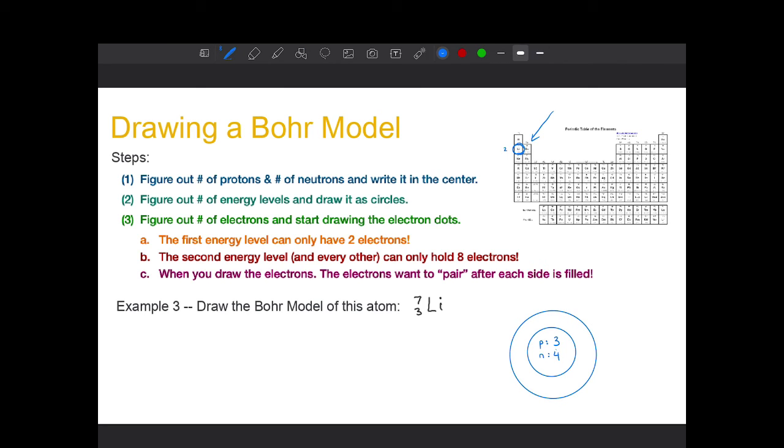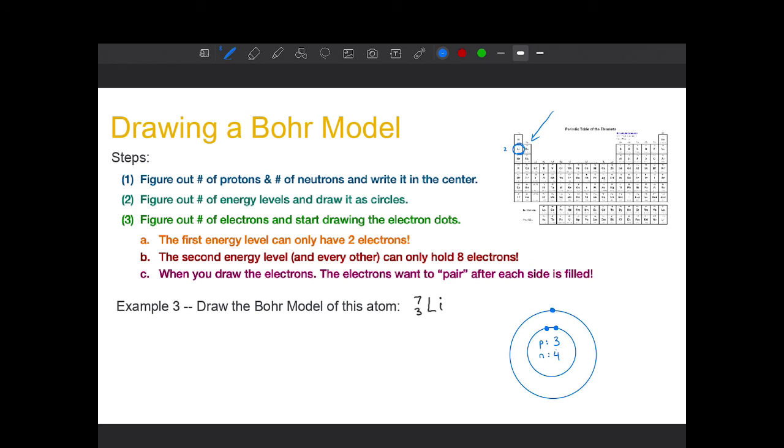Perfect. Now, let's look at how many electrons we need. Well, this neutral lithium atom has 3 protons. It's got to have 3 electrons as well. It's the same amount of electrons as protons for a neutral atom, remember? So we're going to draw 3 total dots here for electrons. And let's see how we draw it, okay? Just watch very carefully. A 1, a 2, and a 3.